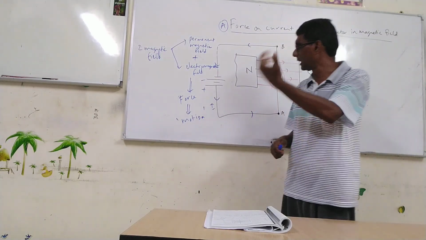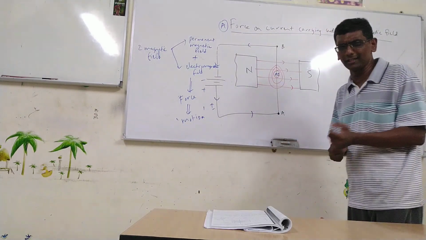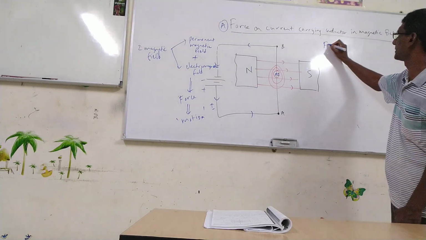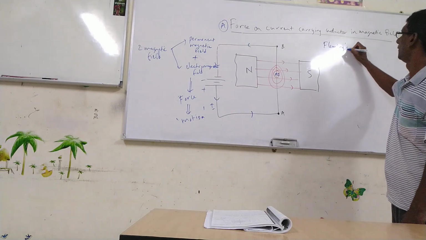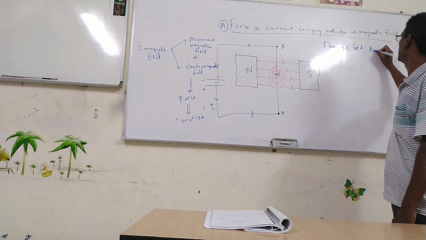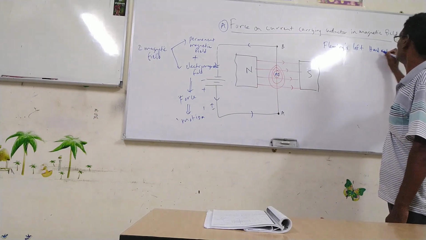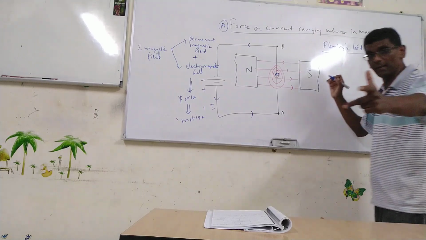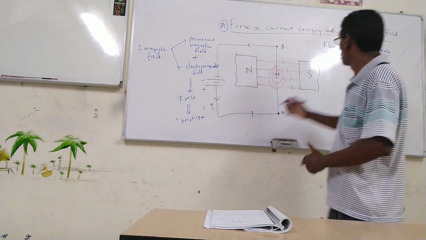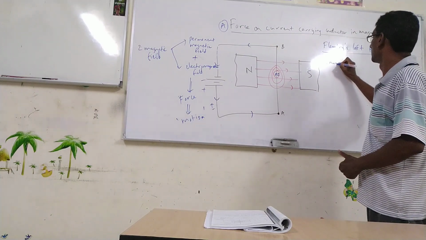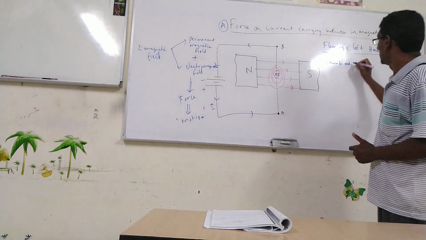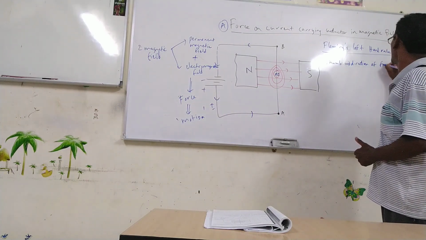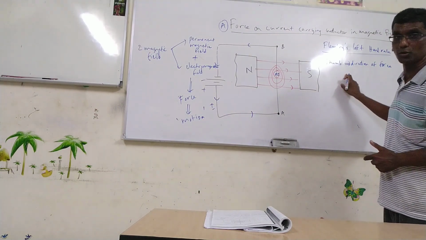Then we're going to learn about Fleming's left-hand rule. I don't know whether you can see it. This is Fleming's left-hand rule. The thumb shows the direction of force.